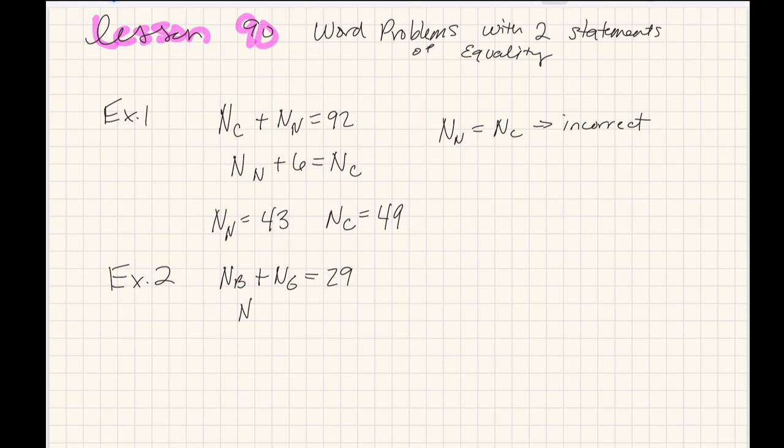We know that the number of boys is equal to the number of girls plus 7. So we're going to subtract 29 minus 7 and then divide that by 2. And we get that our number of girls is equal to 11. Then we know that the number of boys is equal to 18 because 11 plus 7 is 18.